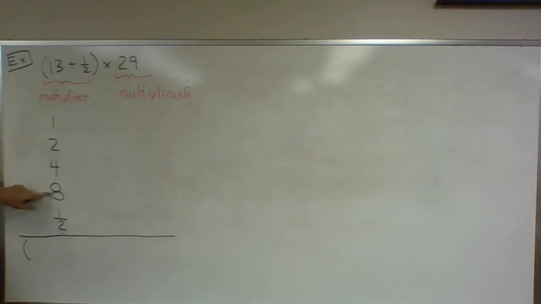Let's try again. 8 plus 4 is 12. Scratch this guy out. 8 plus 4 is 12, plus 1 is 13. Hey, that works. So we have 8 plus 4 plus 1. That gives us 13, plus a half gives us this guy.